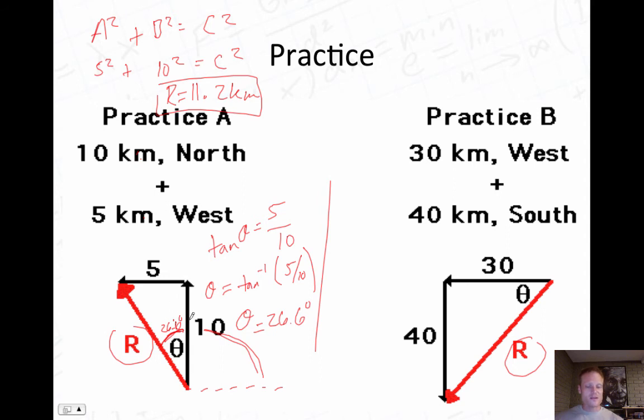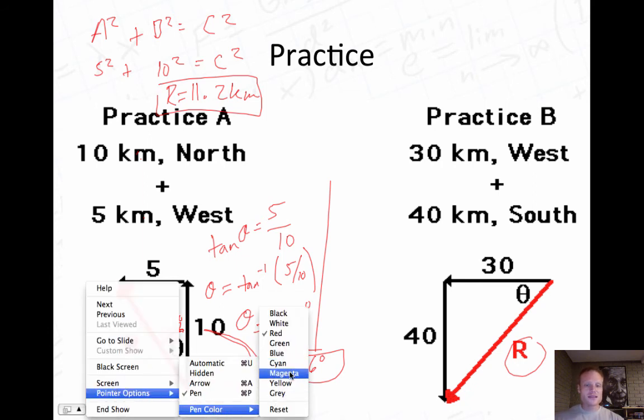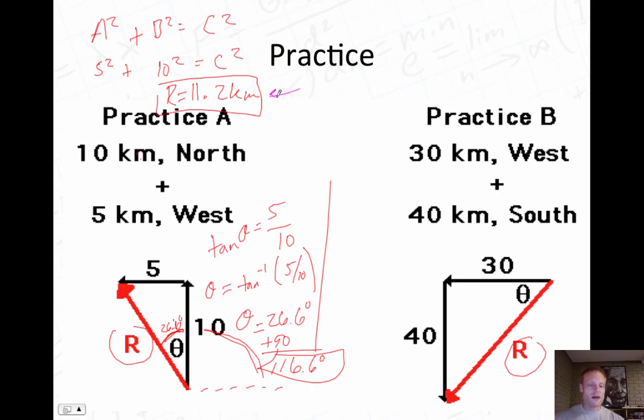From east to due north is 90 degrees, so I have to add 90 degrees to this answer, and I get 116.6 degrees. I know this is a little confusing, but don't worry, it'll come around in a while. Just to recap, this is the length or distance of the displacement, and this is the angle it makes from due east.